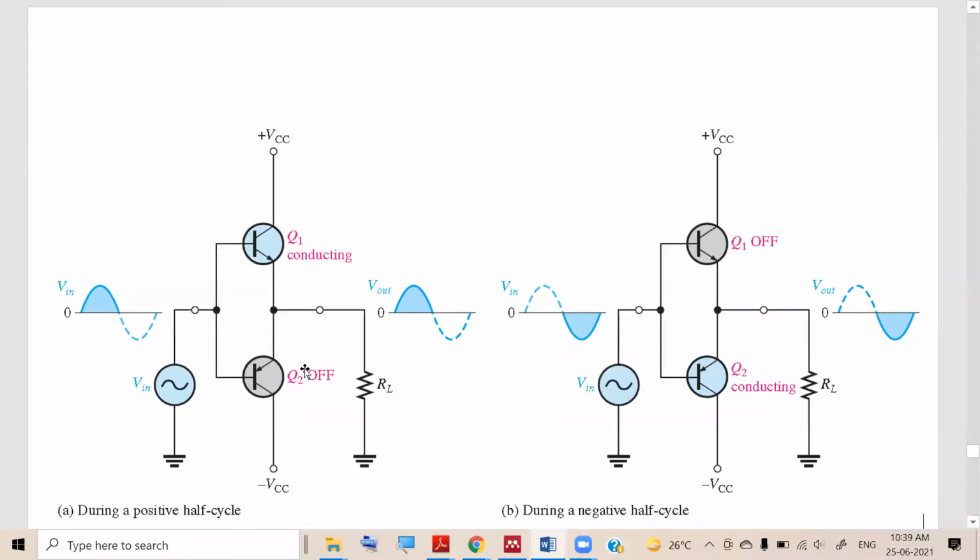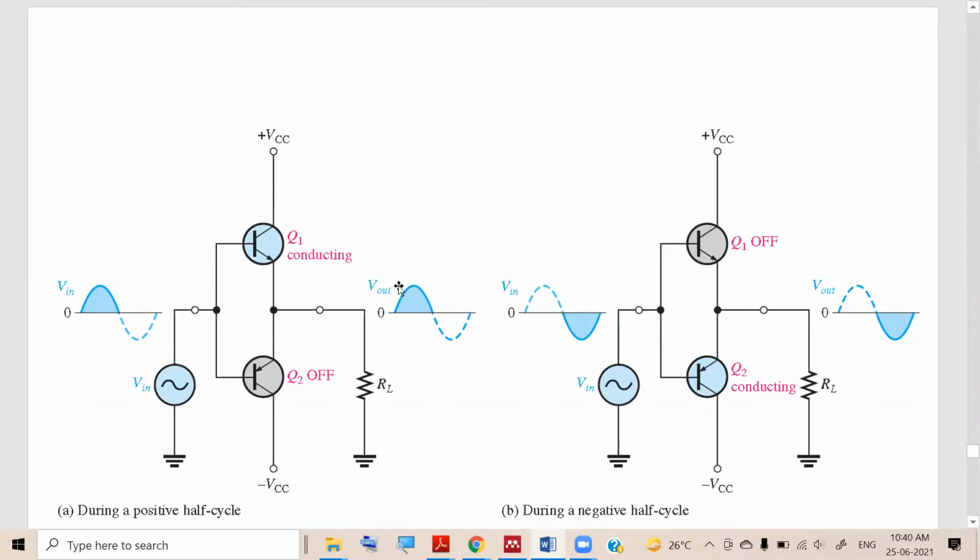During the positive half cycle Q1 is conducting. Although we give the full input, that is the positive as well as the negative half cycle, Q1 will conduct only for the positive half cycle, right?